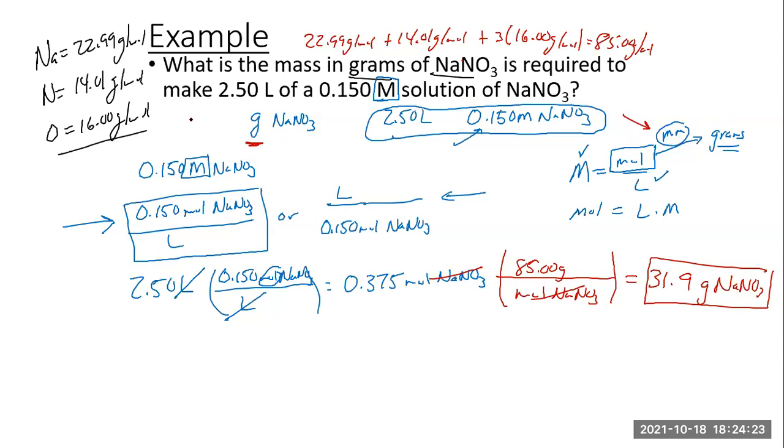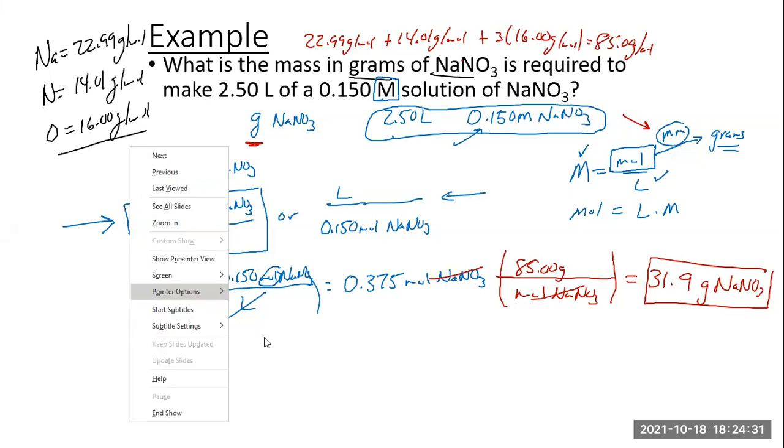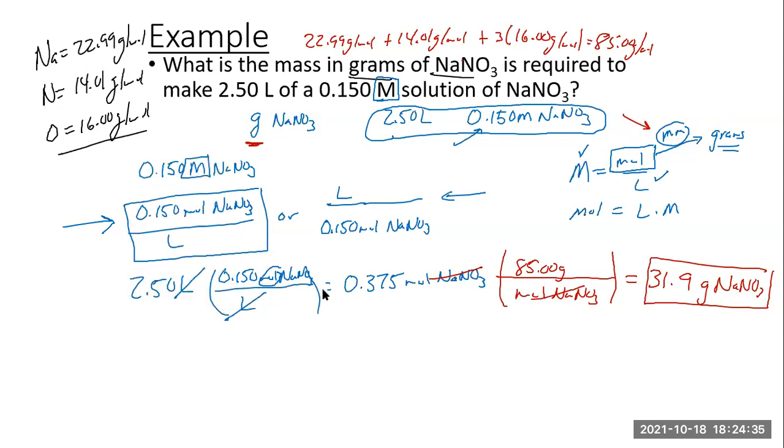So what does this really mean? If you were to make the solution, you would go to the balance, or the scale. You would take your bottle of sodium nitrate and weigh out 31.9 grams of it. You then would put in some deionized water with it, enough to give you a total volume of 2.5 liters.